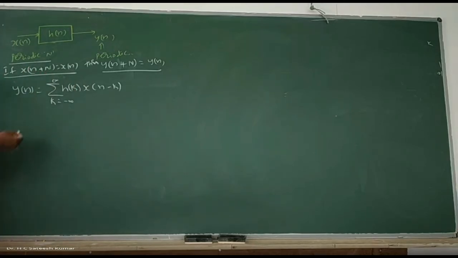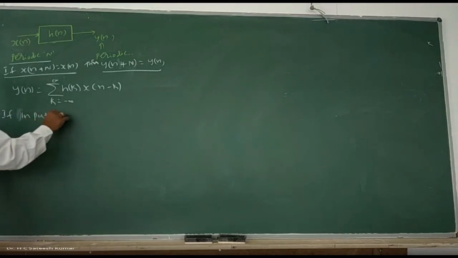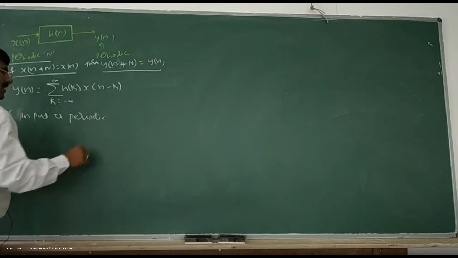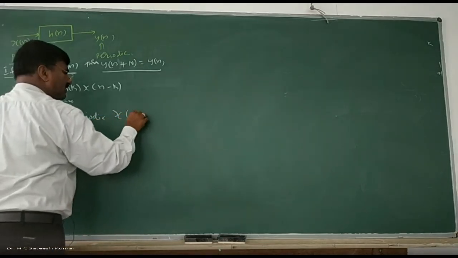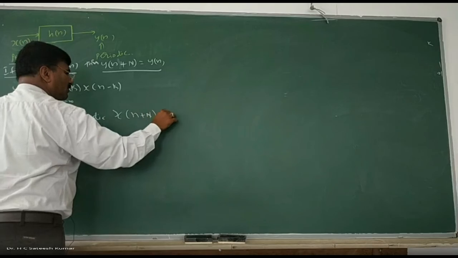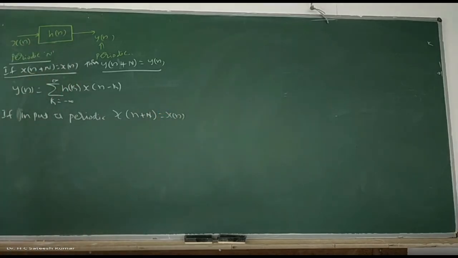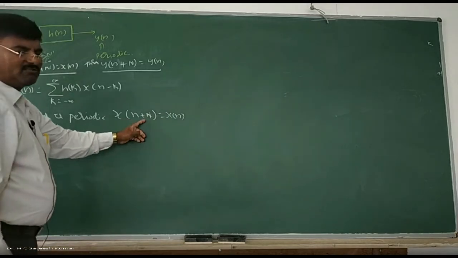Now, if input is periodic, what is the condition to be satisfied? Input is periodic means the condition is x of n plus N should be equal to x of n. So if it is periodic with a period, this is the condition we did in the first module.